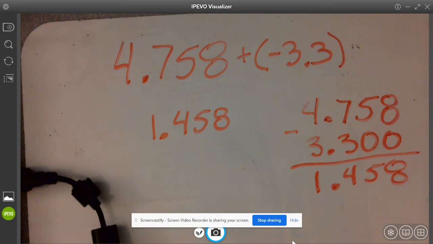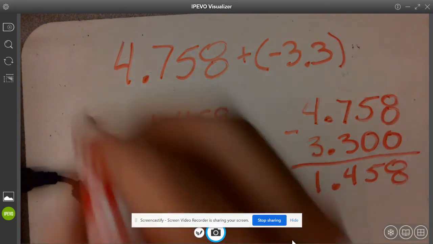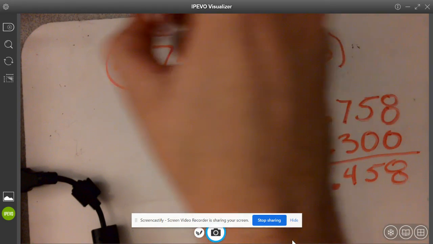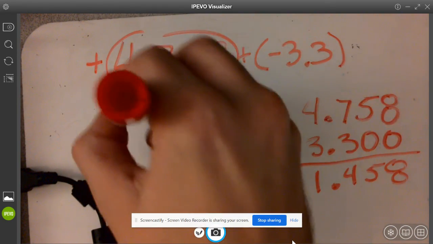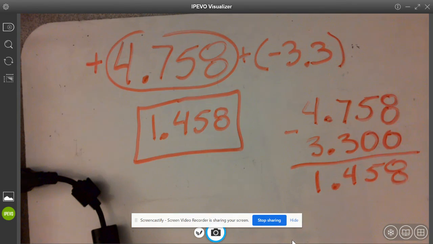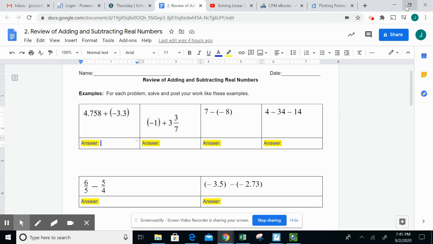We might get into more if they have the same first number, the 3 and the 4. We'll maybe get into it if they have the same, but if they don't, just look for the bigger one. The bigger one is this one, and it is positive. So our answer is going to stay as this, positive 1.458.